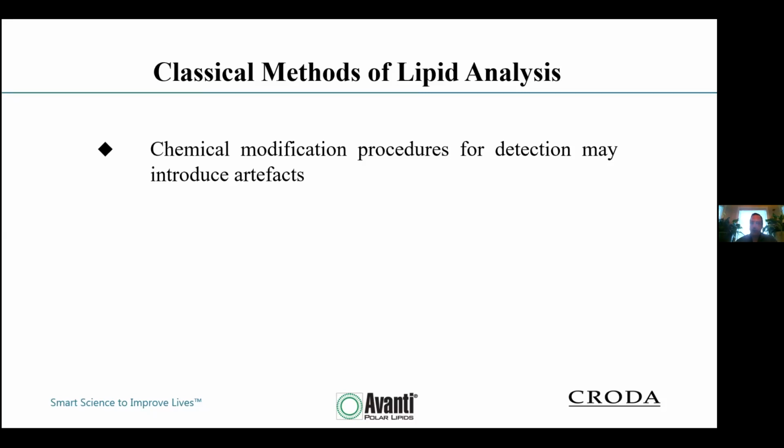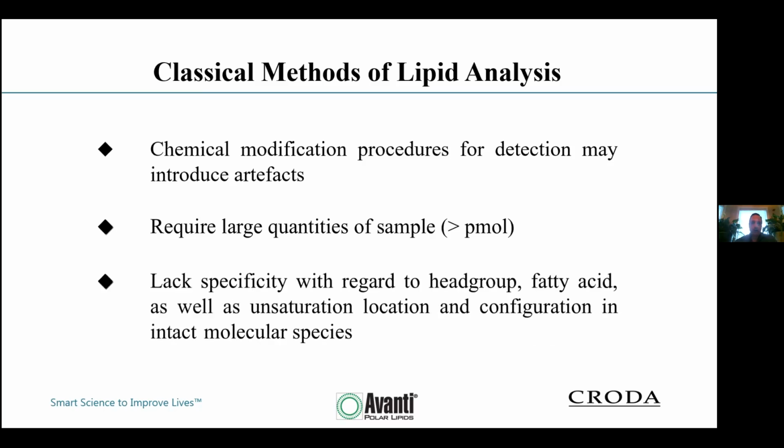However, these could introduce artifacts. They required large quantities of sample to go into the machine or onto a TLC plate. Or they lacked specificity with regard to the head group, the fatty acid, as well as the unsaturation, not only the number of unsaturations, but where they were located and whether they were cis or trans.